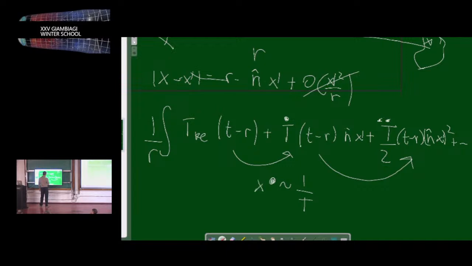So the x prime and the dot are what is extra at this order with respect to the leading order. And this corresponds to L over T, the size of the source divided by the typical period of the motion of the source. And this is equal to the velocity, the internal velocity. Very good.